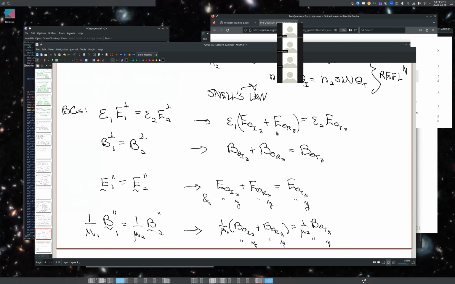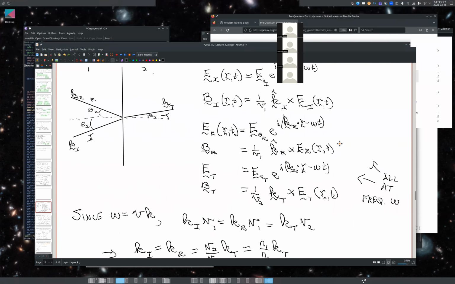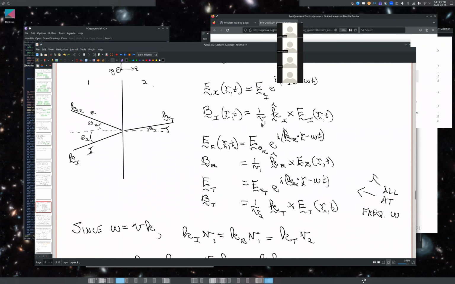The second condition, the continuity of the perpendicular component of the magnetic field, is just this one here, where, once again, these field terms we had already fixed in terms of the electric bits that we had in the free wave solution that we were using. Here, the B0 is literally 1 over V1 times E0 incident, etc., that you read from this.